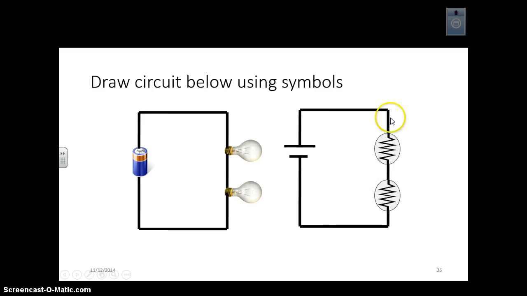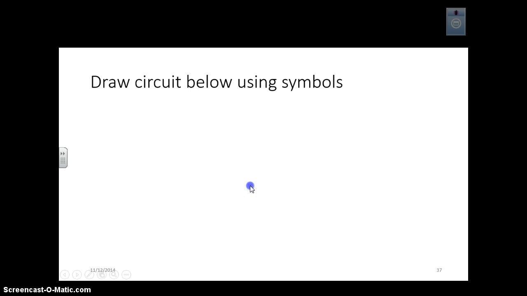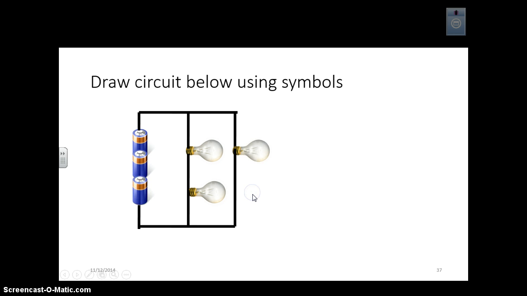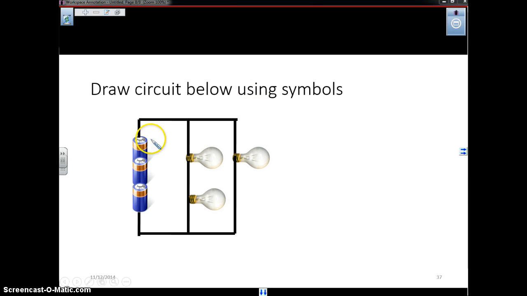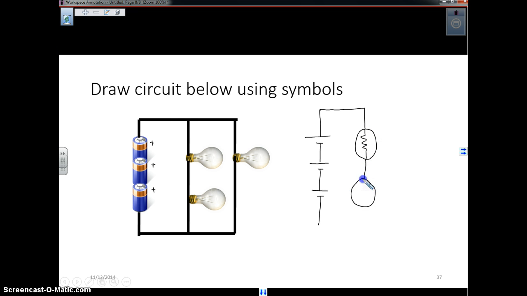And that's a nicer version of that, but you can see I drew that. Try again. Ooh, more complicated. Same idea. I have to find the positive sides of these batteries, right? So that's all that. And they're all the same direction. So there's 1, 2, 3. I just always draw the batteries first. It's just the way I do it. It doesn't really matter. So I need to draw 2 light bulbs here. So 1, 2.